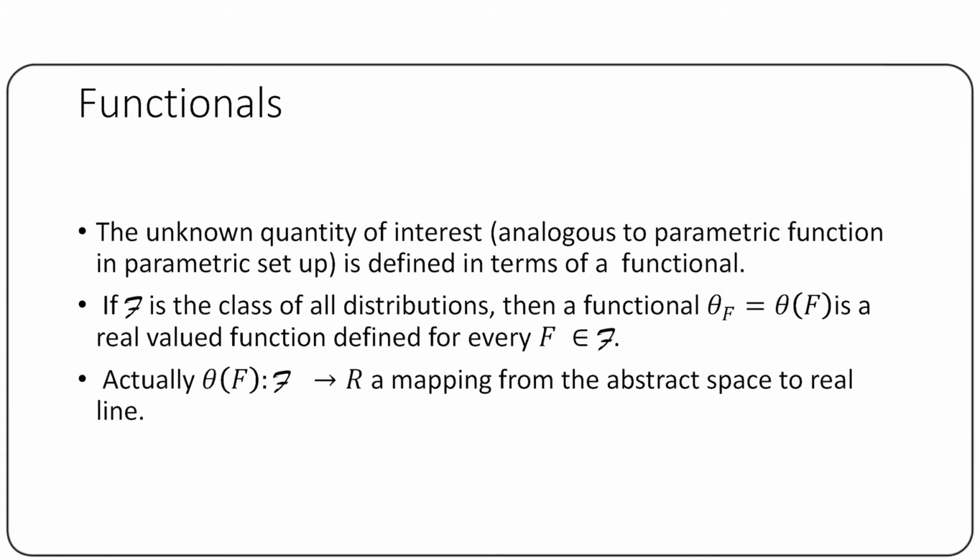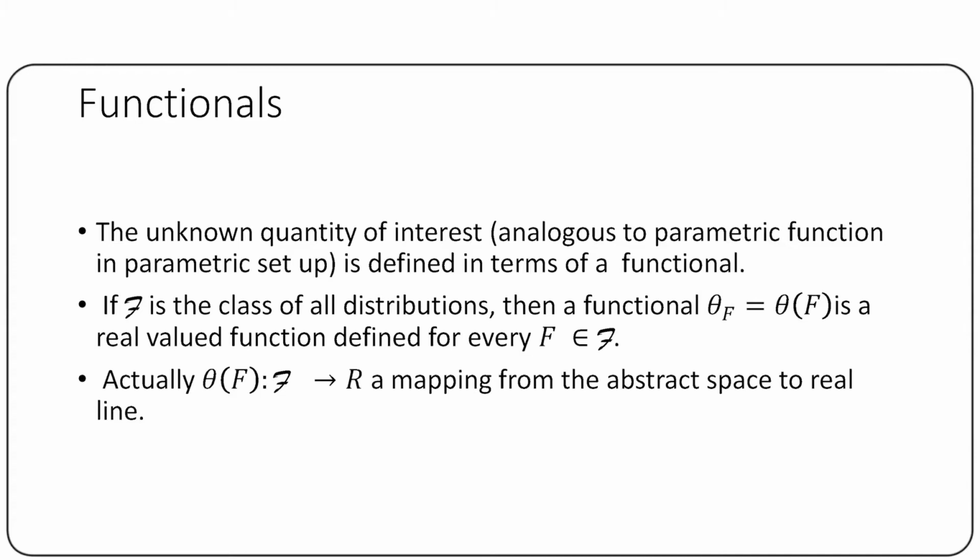For specification, suppose script F is the class of all absolutely continuous distribution functions. Then a functional is defined by a real valued function defined for every F belonging to the class of distribution functions. Then theta(F) is a mapping from the abstract space to the real line.